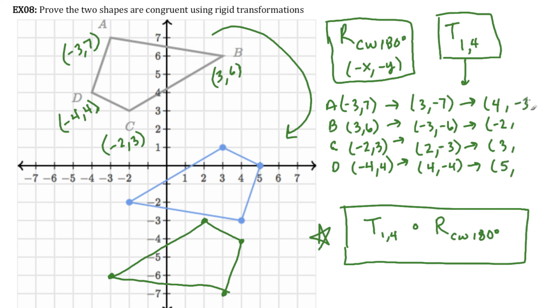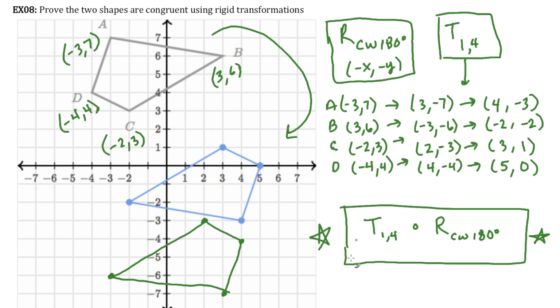So negative 3, negative 2, 1, 0. And these match up. 4, negative 3. Negative 2. 3, 1. 5, 0.